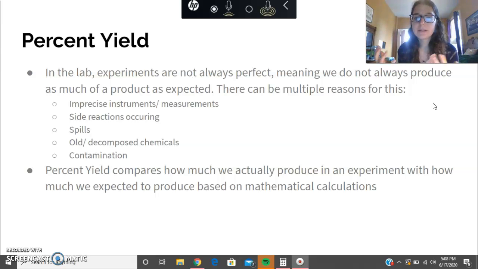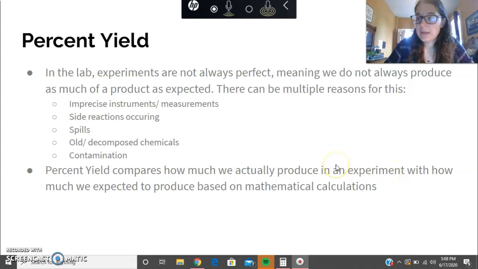So your percent yield compares how much you actually produce in an experiment to what you expected to produce based on stoichiometry. Before you do a lot of experiments, you're measuring out the amount of reactants that you use based on a chemical equation and number of moles.